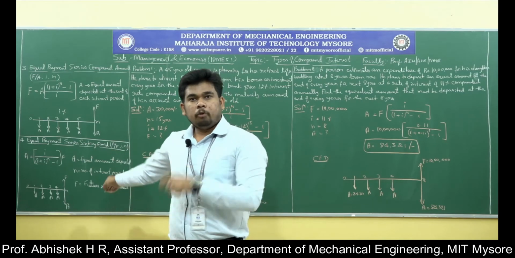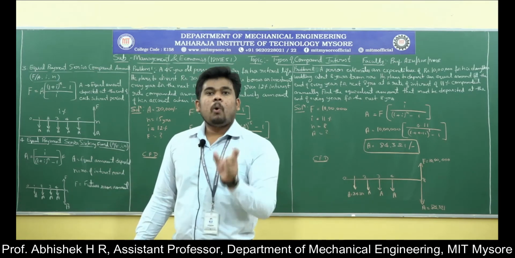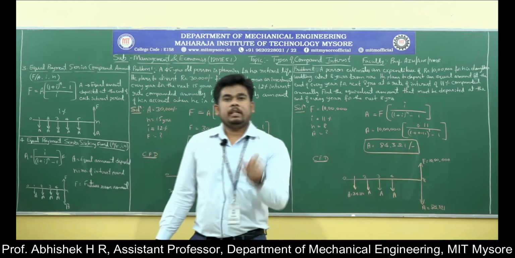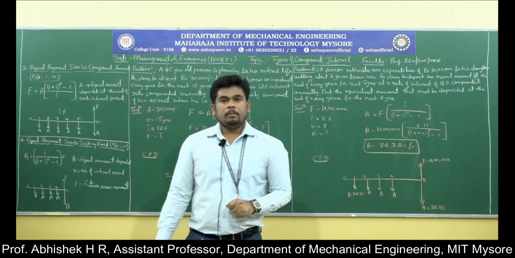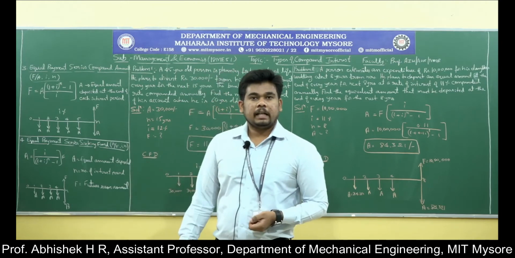But in the fourth type we know the future sum of amount, and to get that amount, what will be the equal payment that we need to deposit every interest period. So now we are going to solve the problems on the third type and fourth type, so we will get to know these conditions in detail.